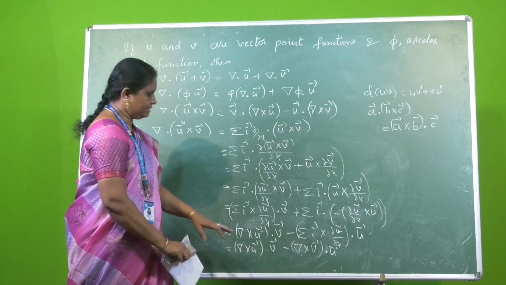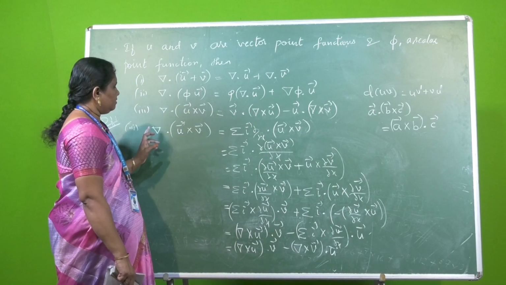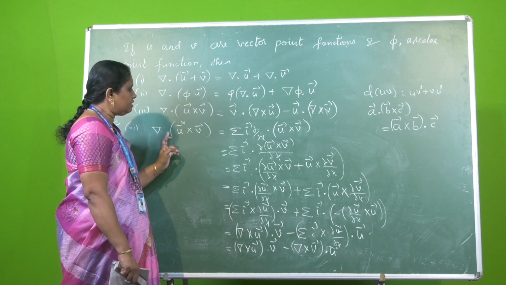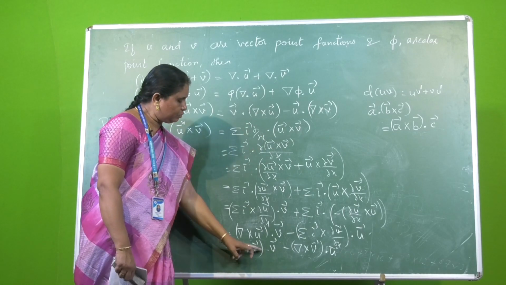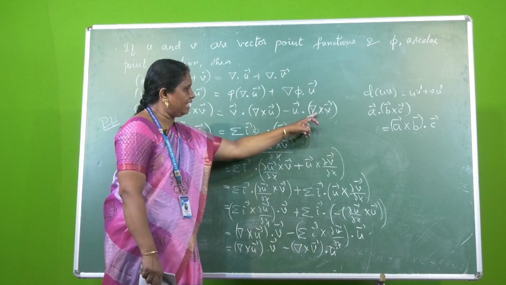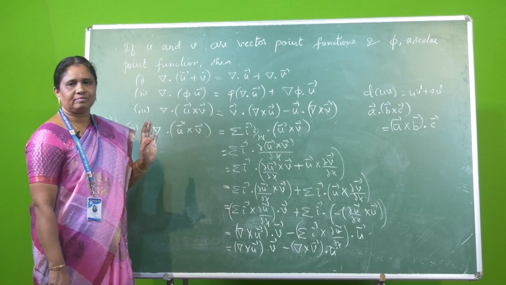So, this is equal to the right hand side of the third formula, and the left hand side is del dot of u cross v, and we proved that del dot u cross v is equal to del cross u dot v minus del cross v dot u, hence the proof of the third formula. Thank you so much.